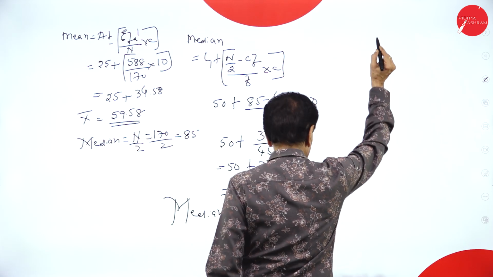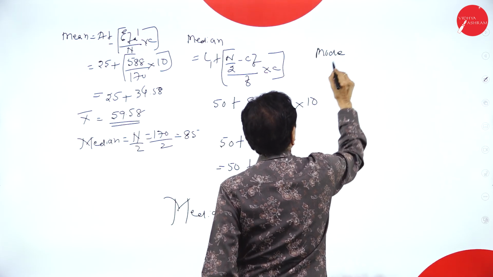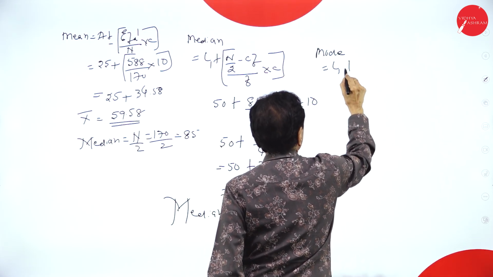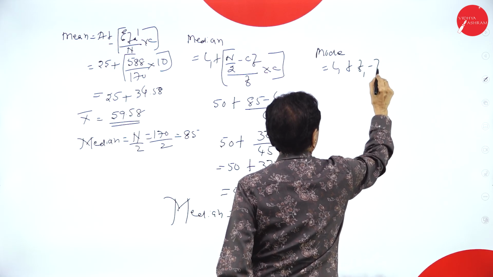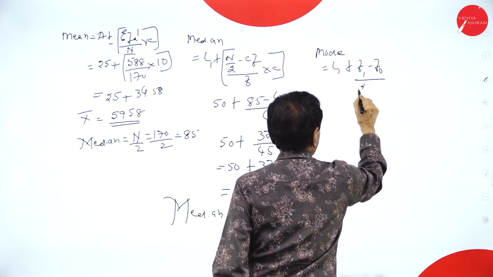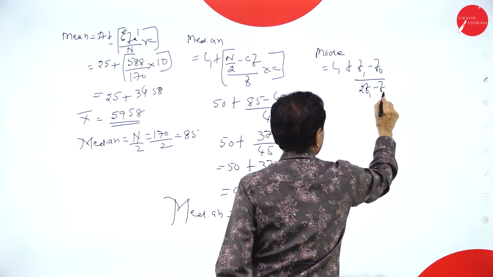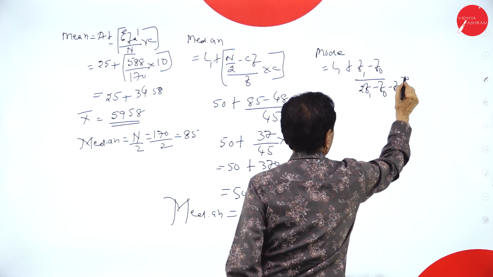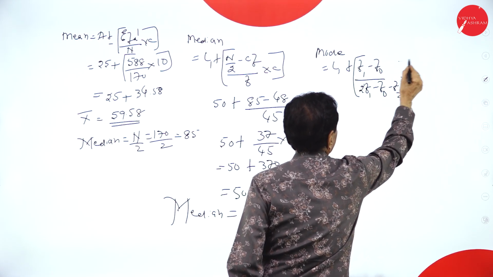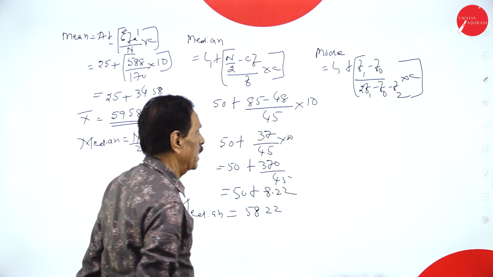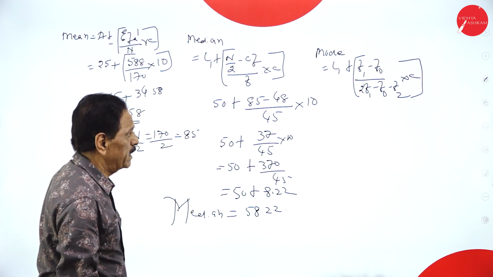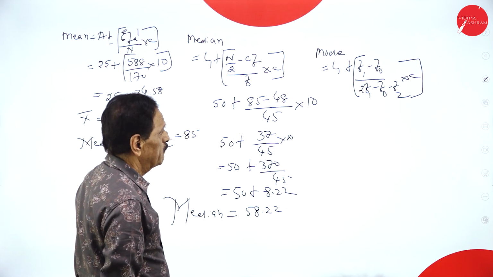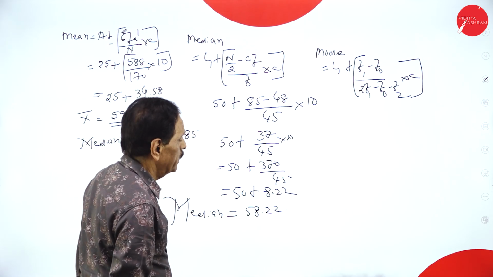Mode is equal to L1 plus F1 minus F0 divided by 2F1 minus F0 minus F2 into C.